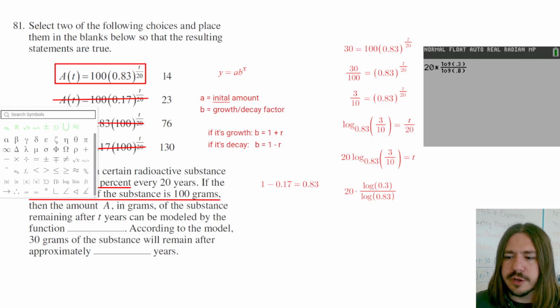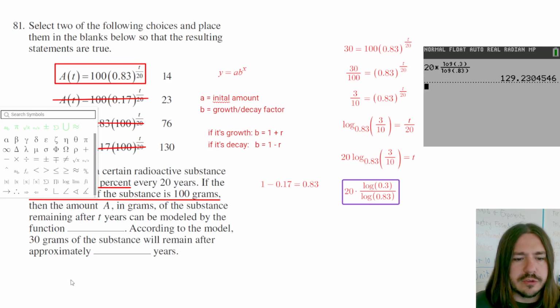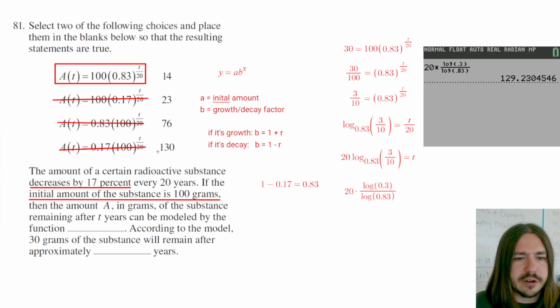Hopefully you're noticing that this is already taking quite a bit of time to not only solve, but type in and make sure everything looks good. The closest number here is going to be 130. So our answer to plug into the second blank is 130.